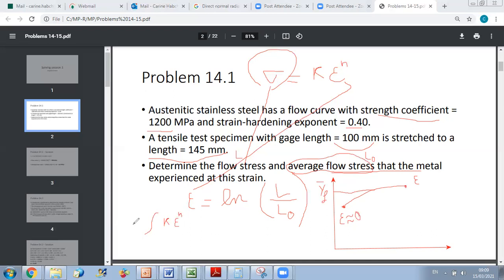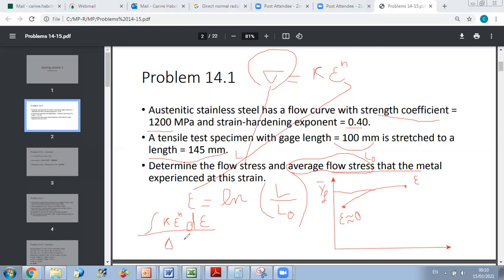So this is the value of sigma. If I want to find an average value for it, I can integrate: integral of K epsilon to the power n d epsilon, and I divide by delta epsilon.